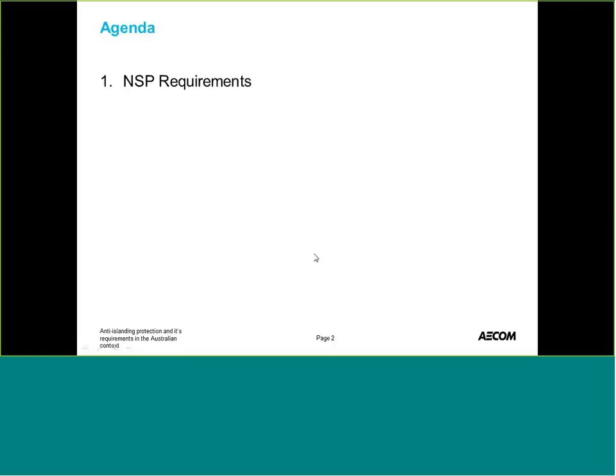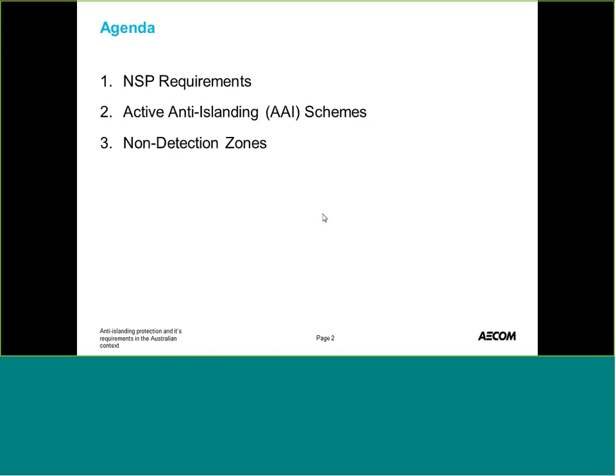Just in terms of the agenda for today, we'll quickly run through the network service provider requirements based on some of the key NSPs in Australia, both on the east and the west coast. We'd look at active anti-islanding schemes, which are primarily integrated into solar PV inverters. We look at the concept of non-detection zones, which is really associated with active anti-islanding schemes.